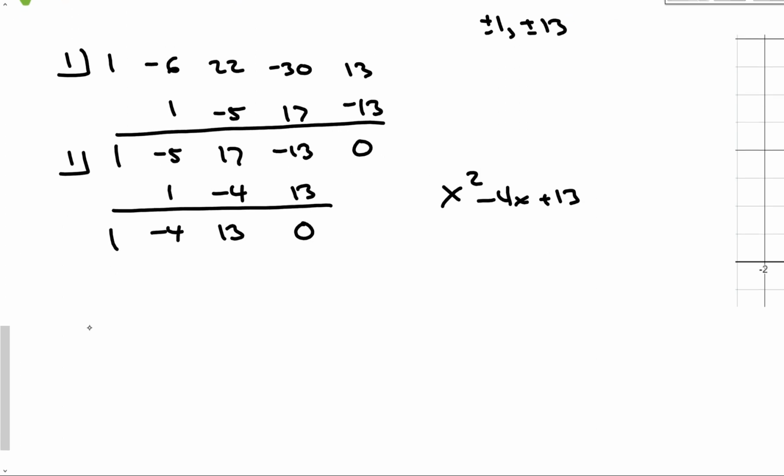So that means to find the last 2 factors, I'm going to have to use the quadratic formula. So that turns into, remember that a is 1, b is negative 4, and c is 13.